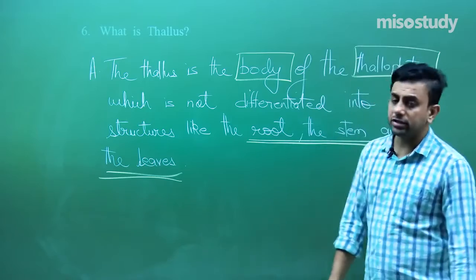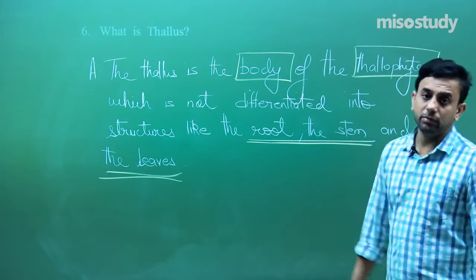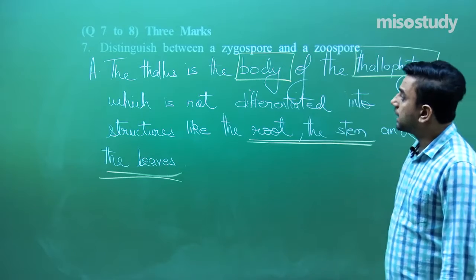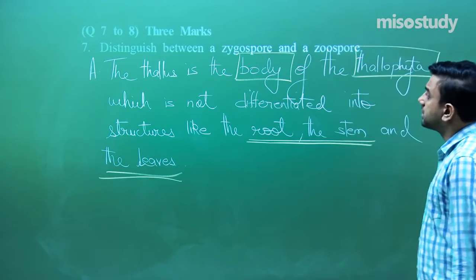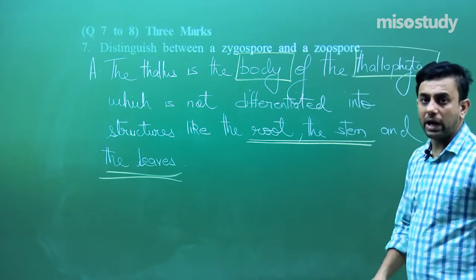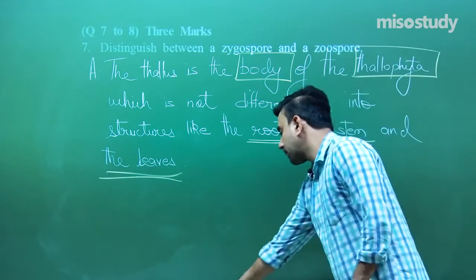Now we will be moving on to the next question, that is of 3 marks. Distinguish between a zygospore and a zoospore.